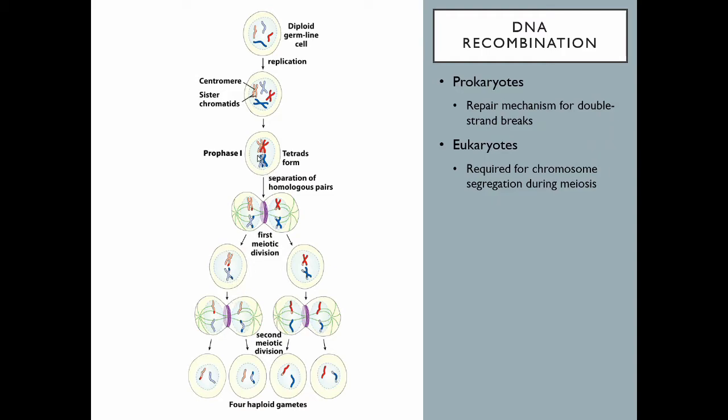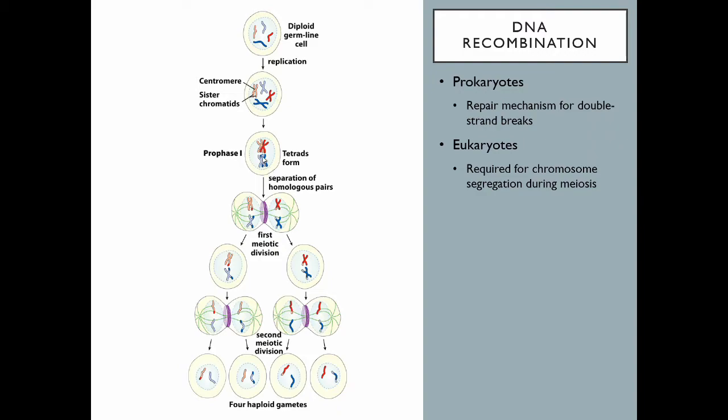But what happens in this phase is that first these homologous pairs have to find each other and stick together for a while until it gets through the first round of division. The only way for this to happen is through the DNA sequences, because if they're homologous, then the DNA sequences should match from one set to the other. And there are proteins that can find those sequences and match them up.